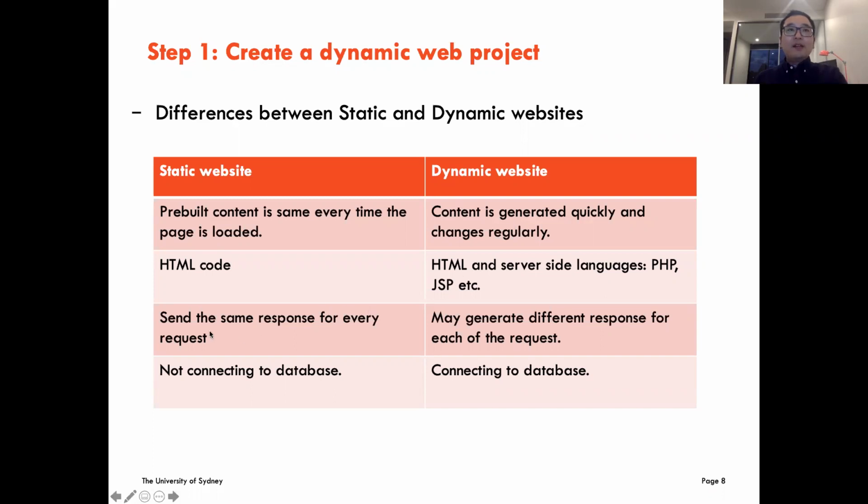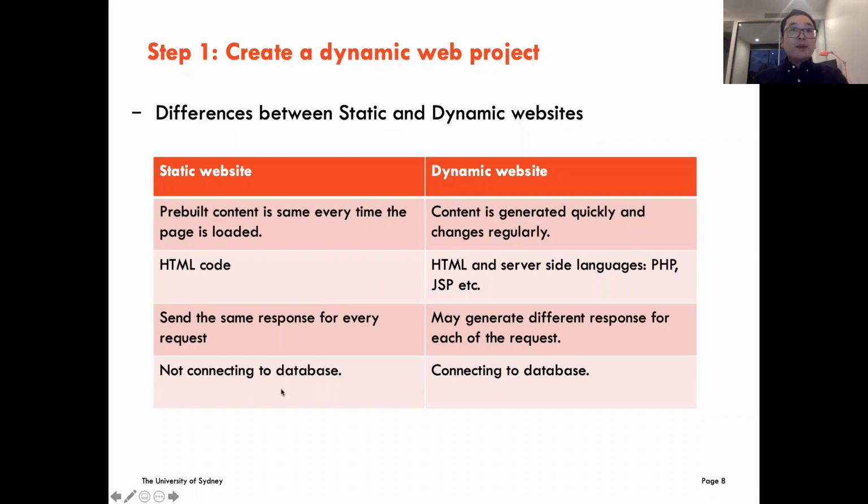And the third difference is the static websites will send the same response for every request. That's obvious. But the dynamic website will send different kinds of response based on the request of the user.